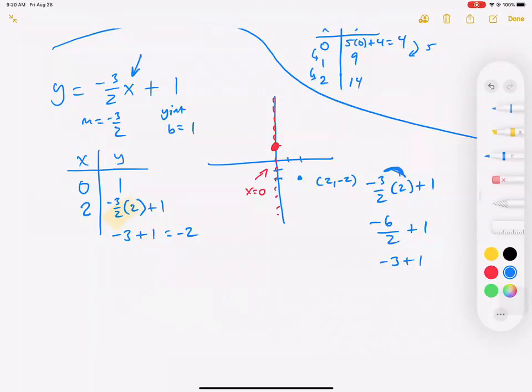From our y-intercept, we can walk down a rise of negative 1, negative 2, negative 3. That's a rise of negative 3, and we're going to run positive 2. We can continue that pattern over and over again: down 3, run 2. And then we can draw our line.